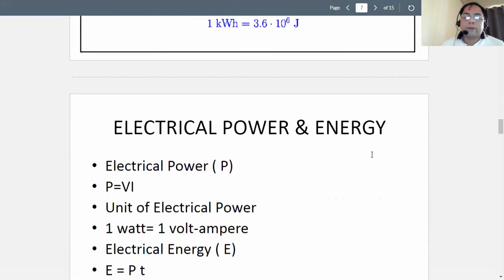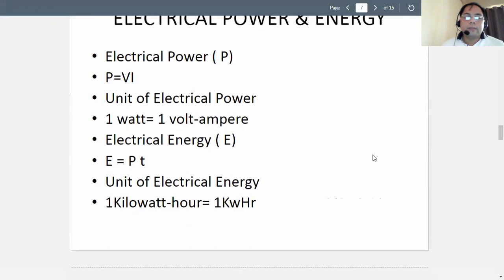So energy is the power times time relationship. Now again, 1 kilowatt hour, you can write that as 1 kWh, or 1 watt of power is also volt ampere if you use the V times I expression.